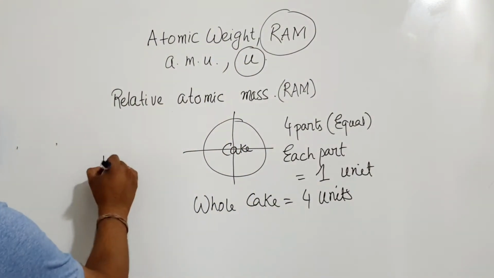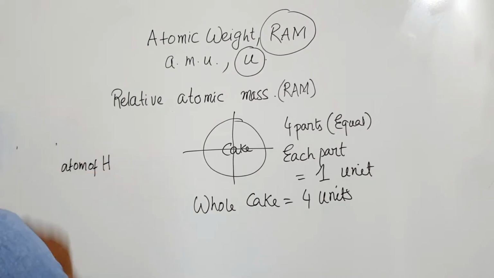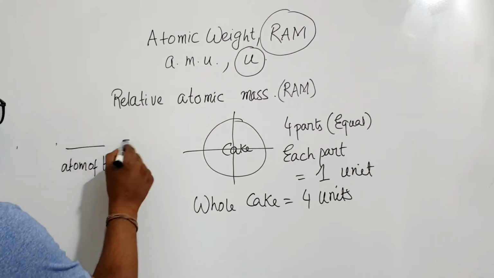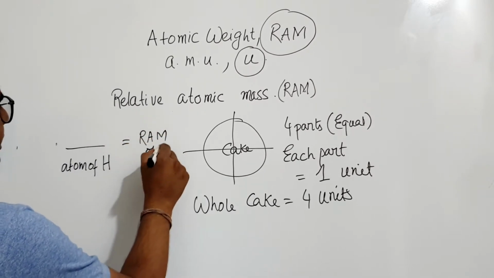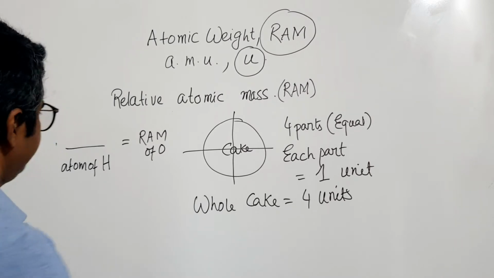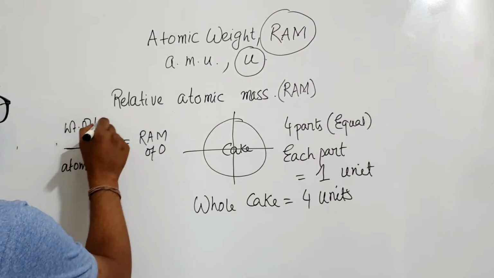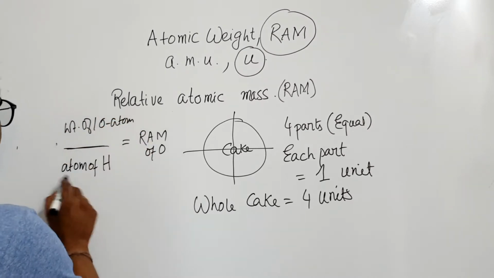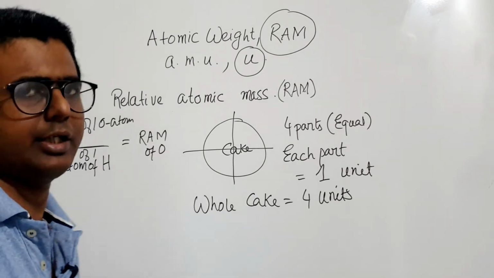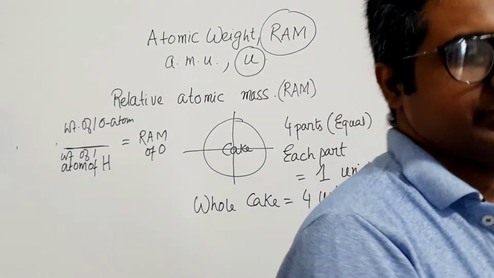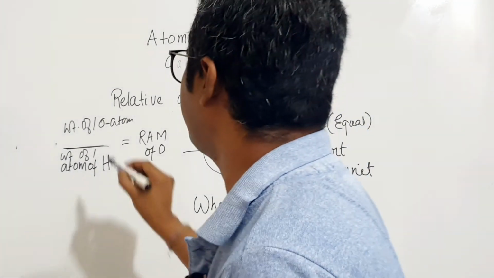First they took an atom of hydrogen, and suppose you want to calculate the relative atomic mass of, say, an oxygen atom: the weight of one O atom divided by the weight of one atom of hydrogen. They calculated the relative atomic mass of oxygen.